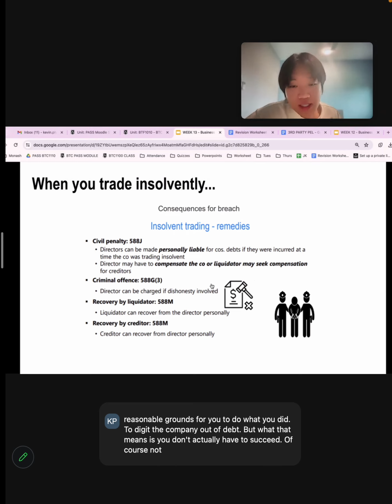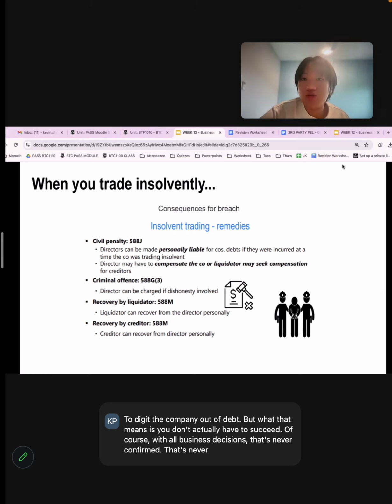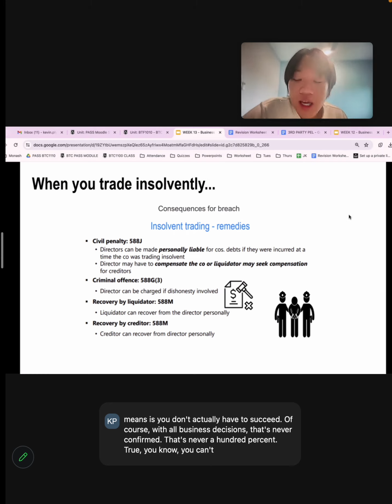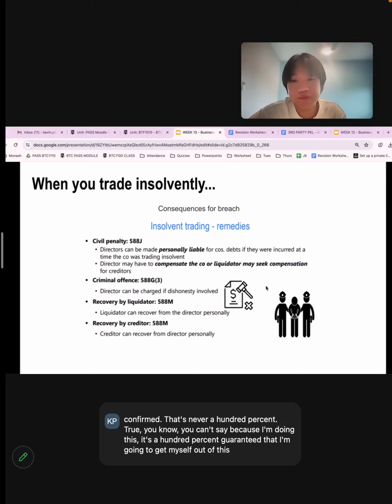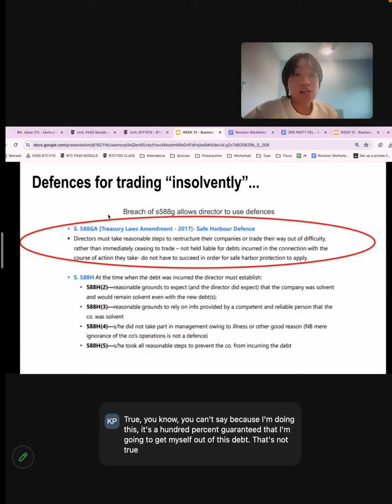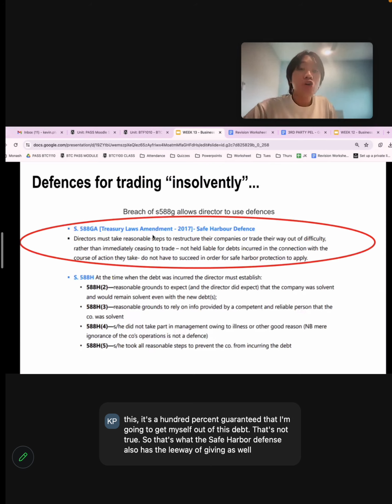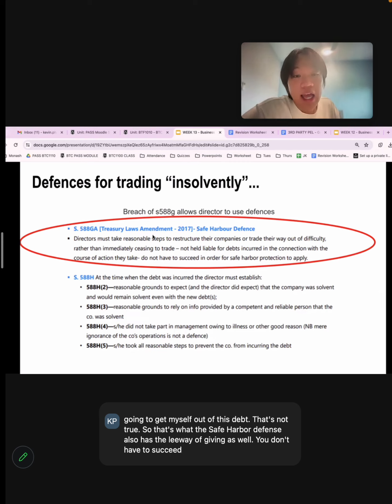Of course, with all business decisions, that's never confirmed. That's never 100% true, you know? You can't say, because I'm doing this, it's 100% guaranteed that I'm going to get myself out of this debt. That's not true. So that's what the safe harbor defense also has the leeway of giving as well. You don't have to succeed in order to actually argue the safe harbor defense.